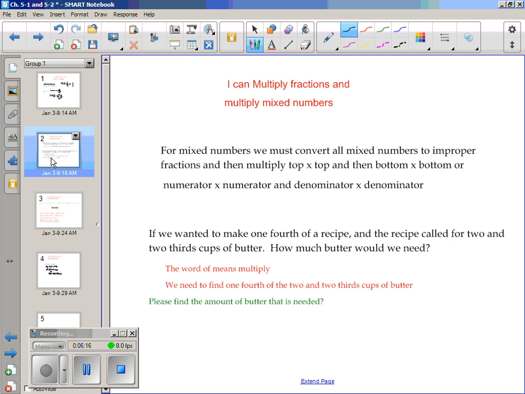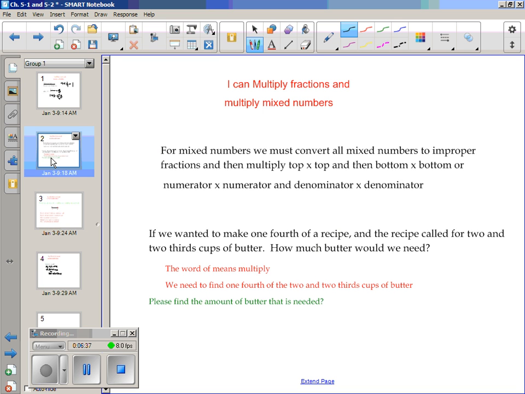Now, we're going to move into the next part. We understand top times top, bottom times bottom, numerator times numerator, denominator times denominator. Here's our mixed number piece. For mixed numbers, we must convert all mixed numbers to improper fractions, and then multiply top times top and bottom times bottom.